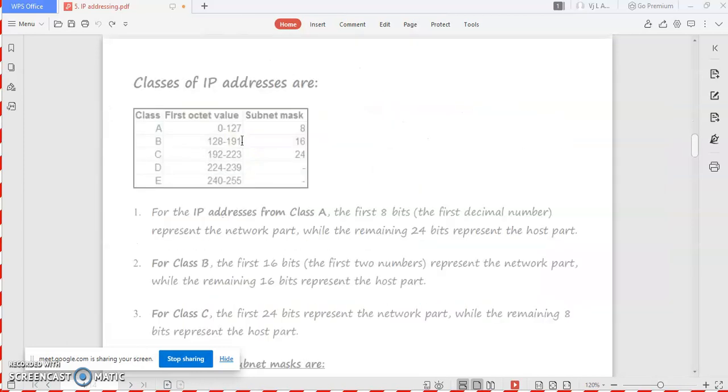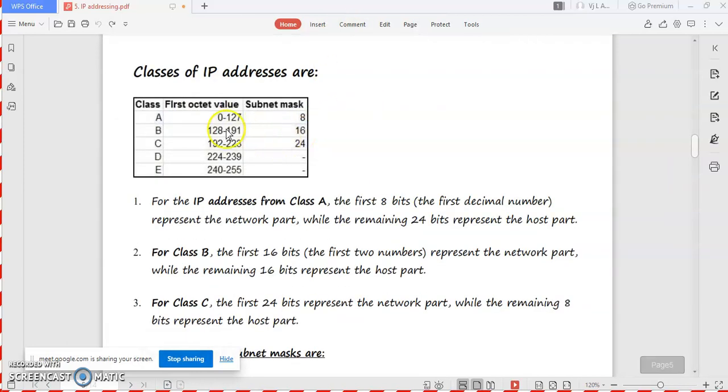For example, which has more: class C, class B, or class A? 128 minus 91 is roughly 60 to 70. This one is roughly only 20 to 30, meaning 20 to 30 networks can be created with it.